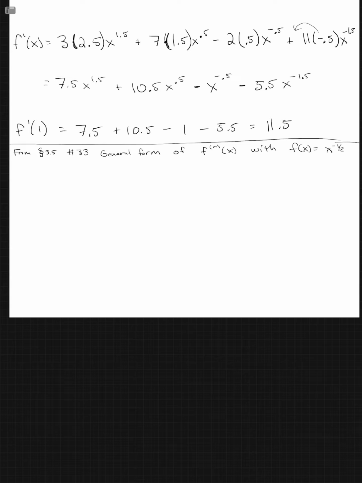Right, so what you want to do for problems like this is try to find a pattern. So f prime of x is going to be negative 1/2 x to the negative 3/2.